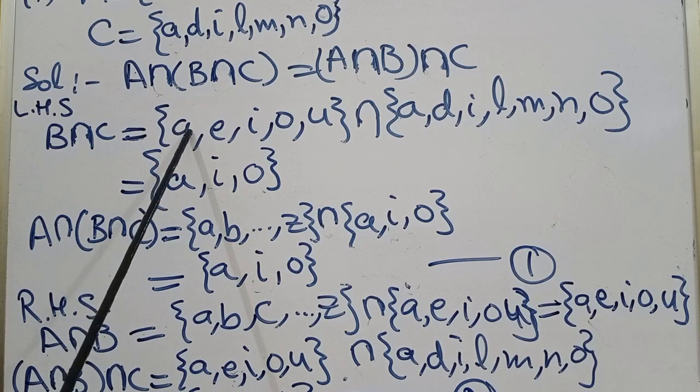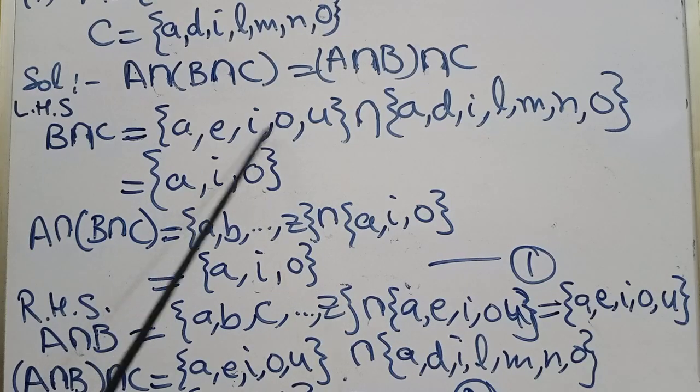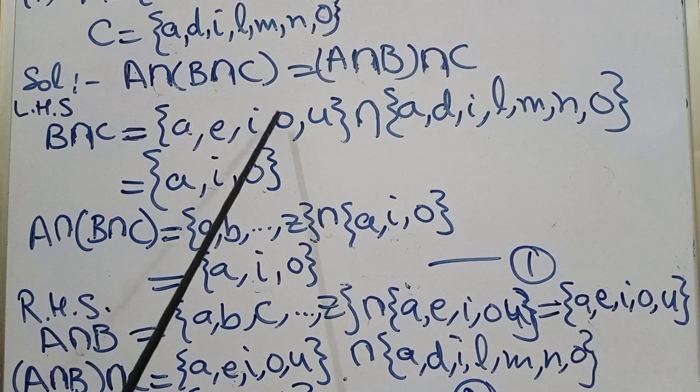First we check A, which is common. E is not common, we ignore it. I is also common, so we write it in the next set.